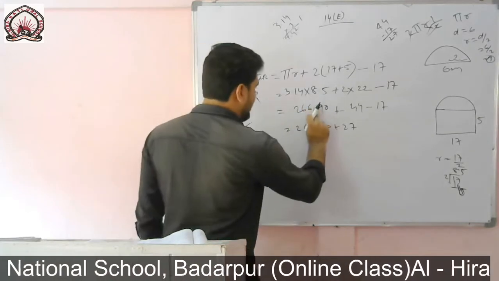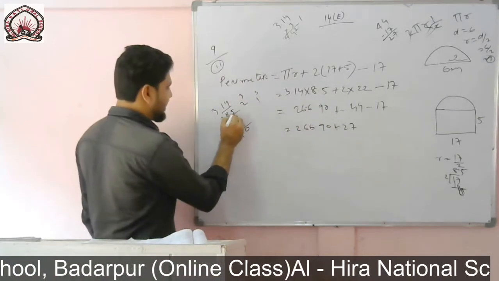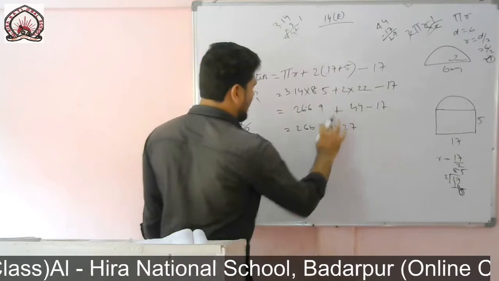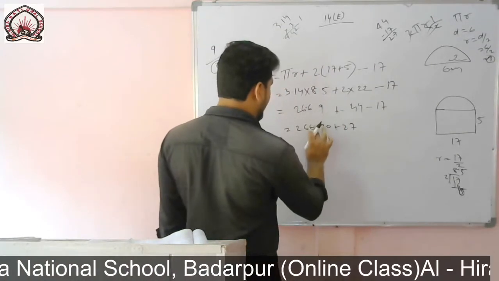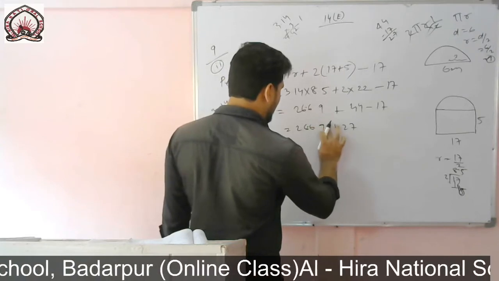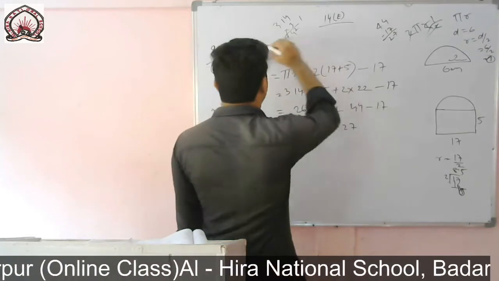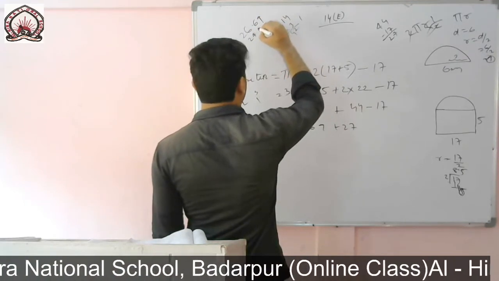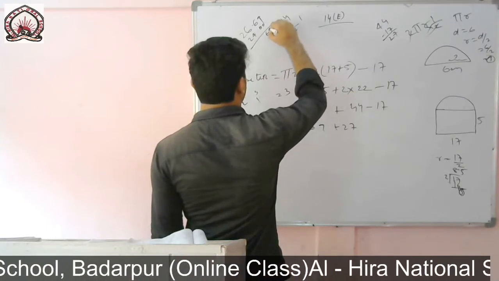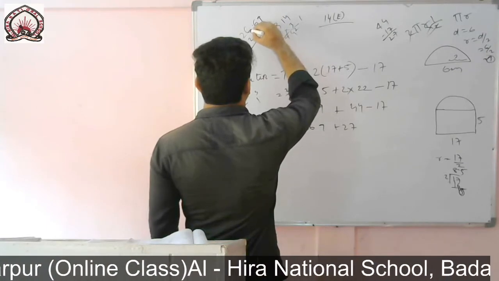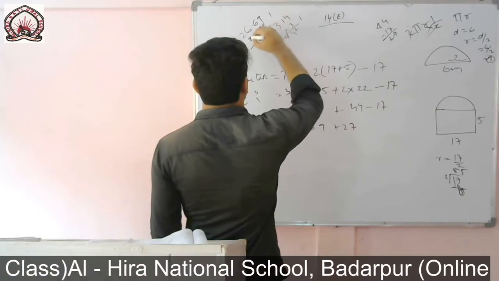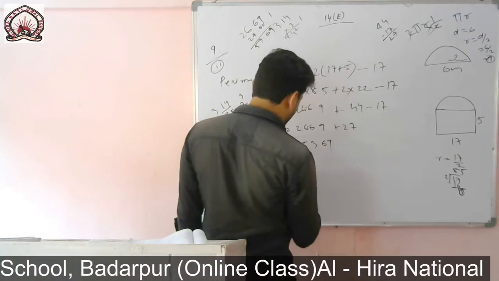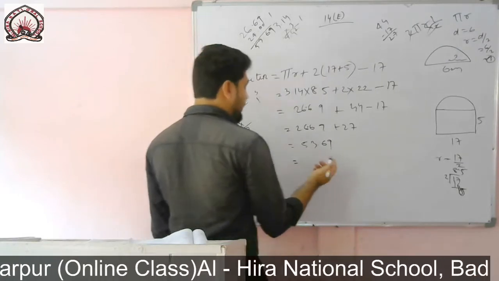Shift here, because here 2 places, here also 1 place. So in the answer, 1, 2, 3 places, here will come 26.69. Now we add 26.69 and 27.00. That gives 53.69. And 6/9 means we can write 53.7 also.